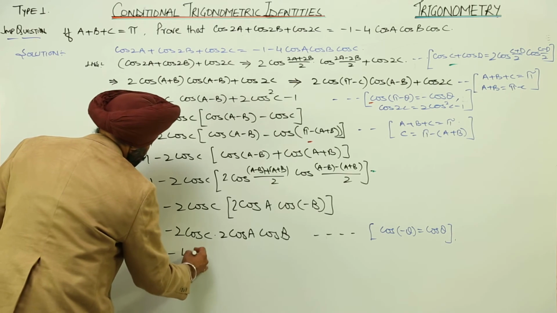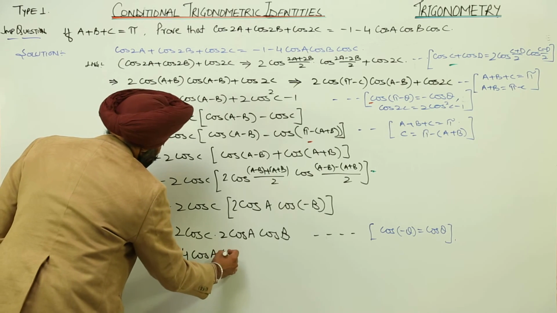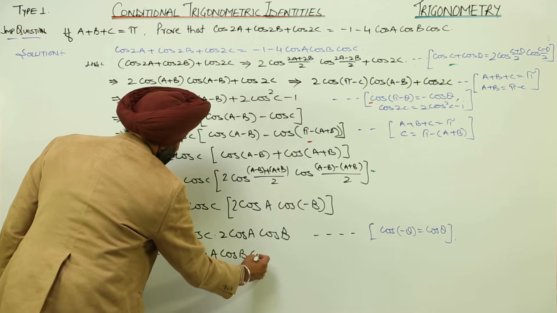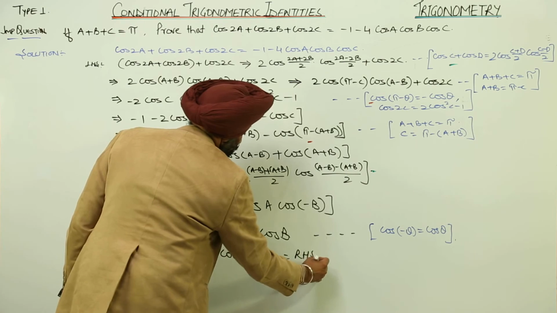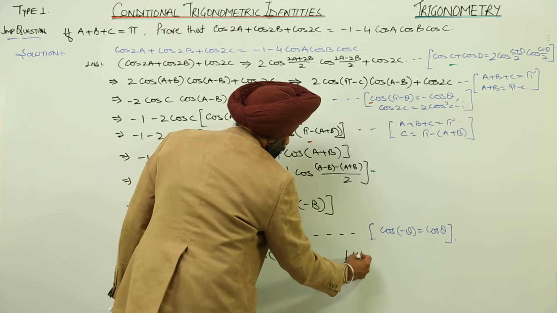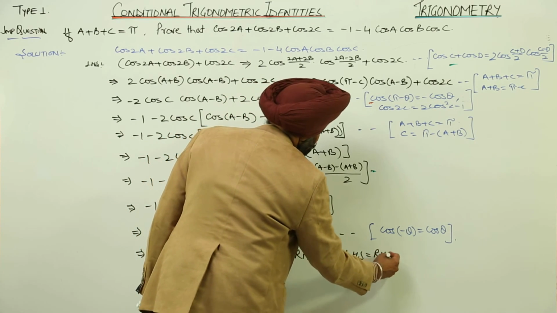Negative 1, negative 4 cos A cos B cos C is equal to right hand side. Now left hand side is equal to right hand side, hence proved.